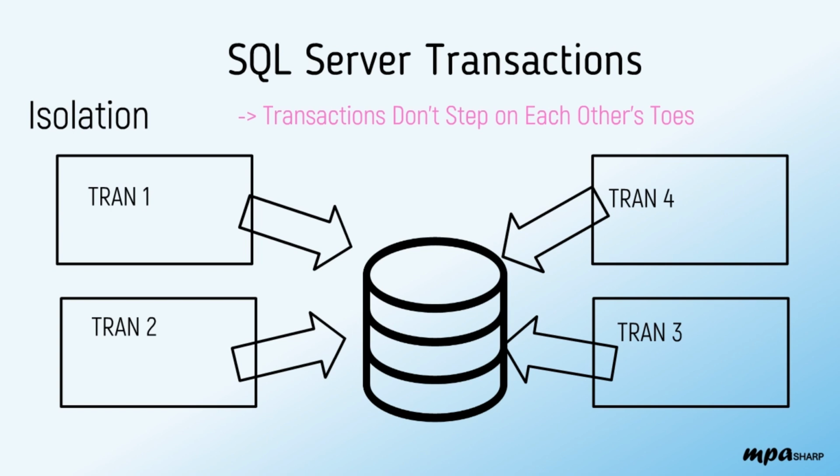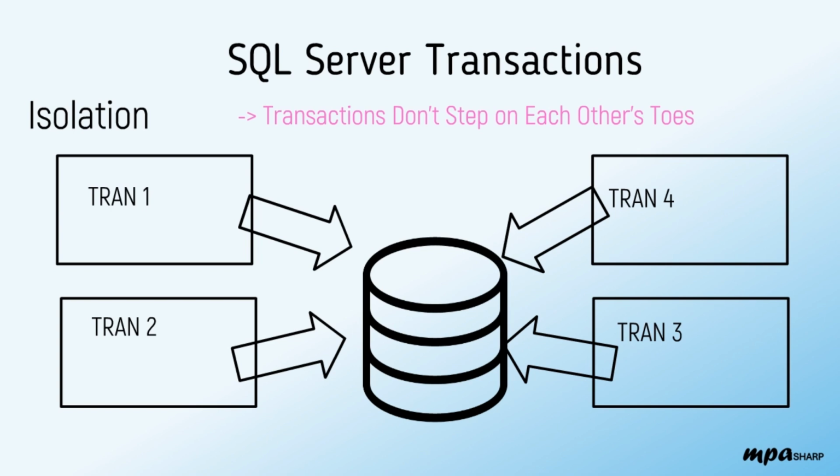This prevents various concurrency problems, like one transaction reading data that another transaction is changing but hasn't committed yet, or two transactions trying to update the same data simultaneously in conflicting ways.